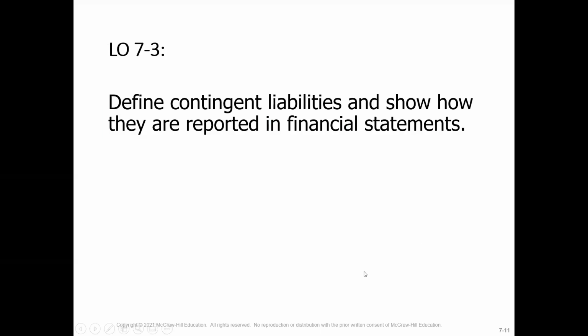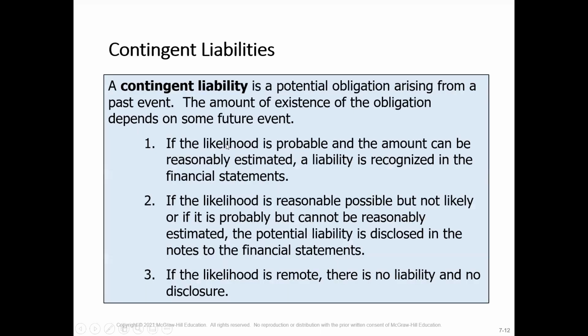So contingent liabilities, middle to end of page 250 in the book. And there's also a chart on the top of 251. Contingent liabilities have not happened, but there is a potential likelihood of those obligations occurring. So whether or not we record in the books, it depends. And it depends on what?